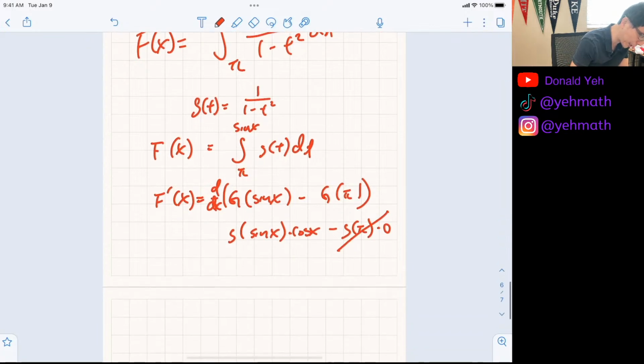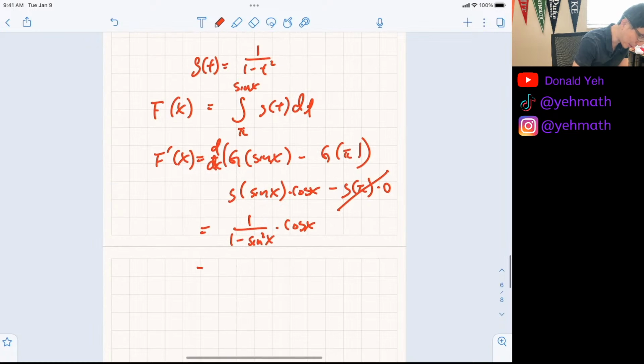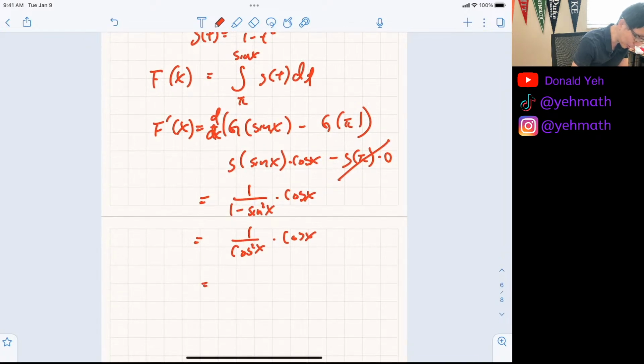This part is going to go away completely. So that's going to be the square root of 1 minus sine square of x times cosine of x. That's equal to cosine square of x times cosine of x. That's equal to 1 over cosine of x, which is secant of x.